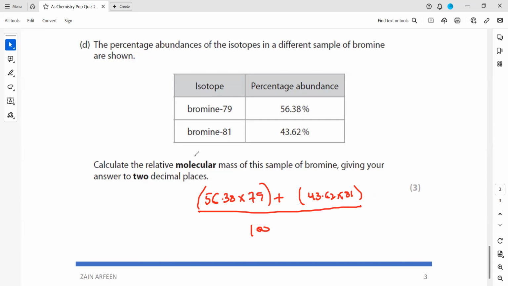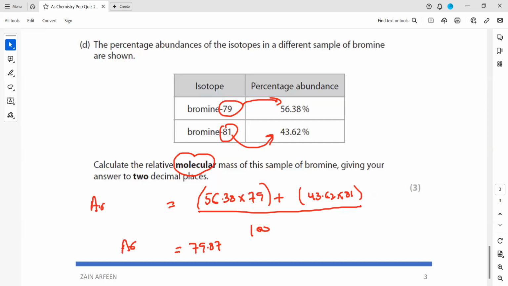But if you see in the question, they ask for the molecular mass. So first we worked out the average mass, the relative atomic mass, because bromine-79 is 56% and 81 is 43.62%. So first we work out the average mass of one bromine, which is 79.87. That's the average atomic mass.